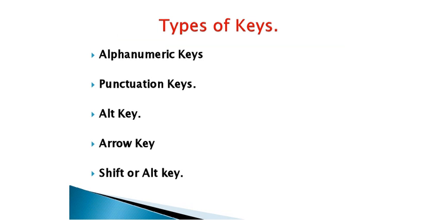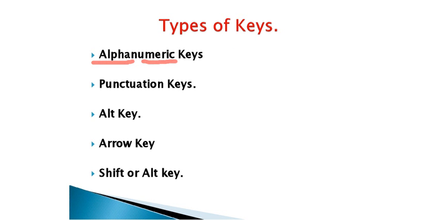So we will move towards the types of keys. The first one is alphanumeric keys. As its name indicates, it is basically a combination of two, alpha and numeric. That means it contains both alphabet as well as numeric.